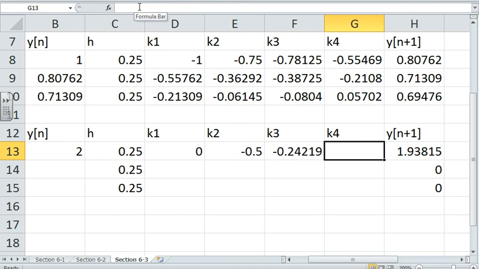And K4 is parentheses. I don't know if I want to do that yet.